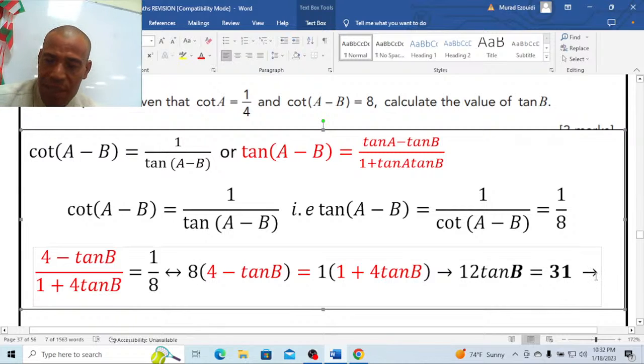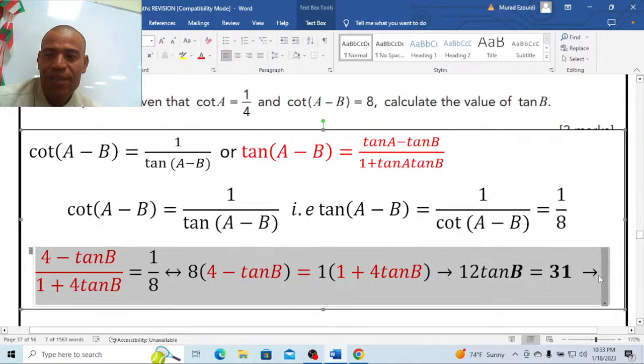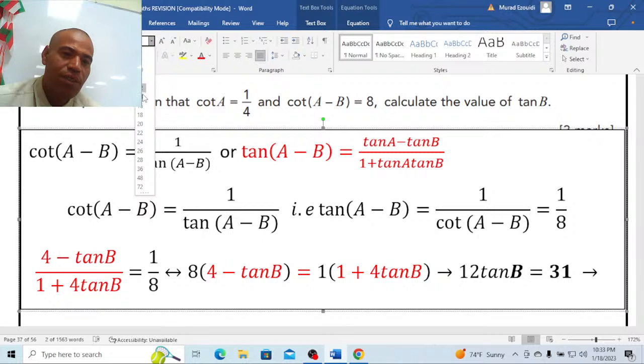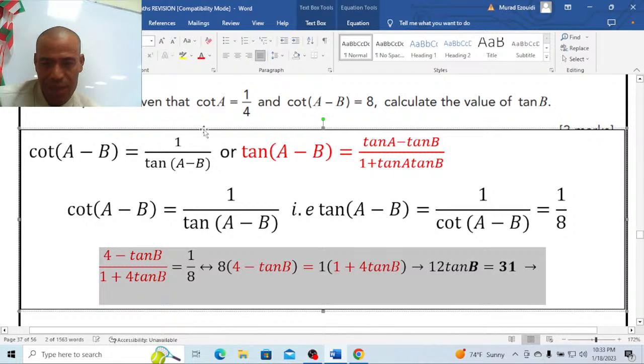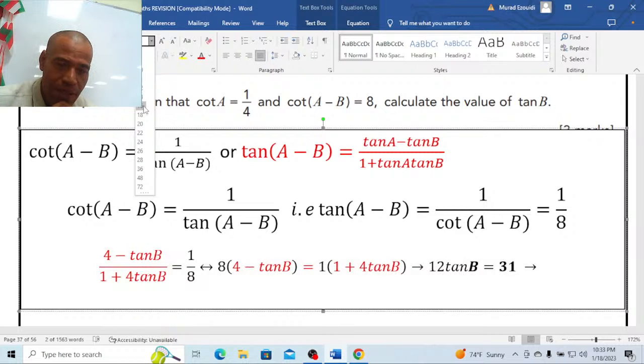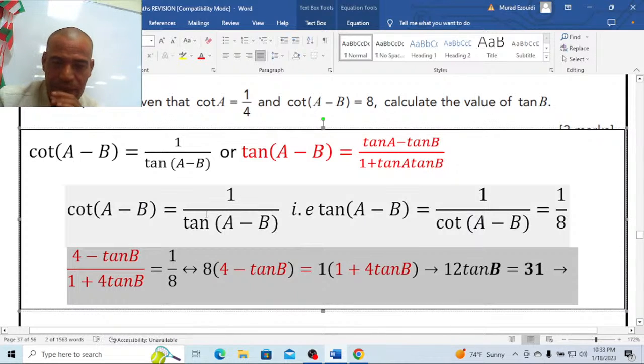Therefore, learners, we said tangent of B, I will make this small at least to figure out the last answer. I have space.